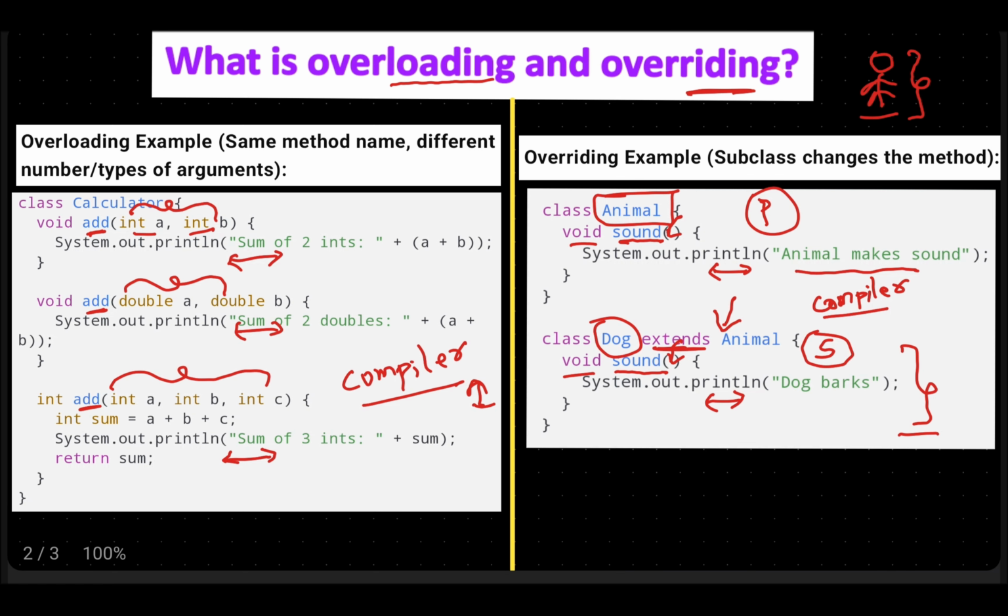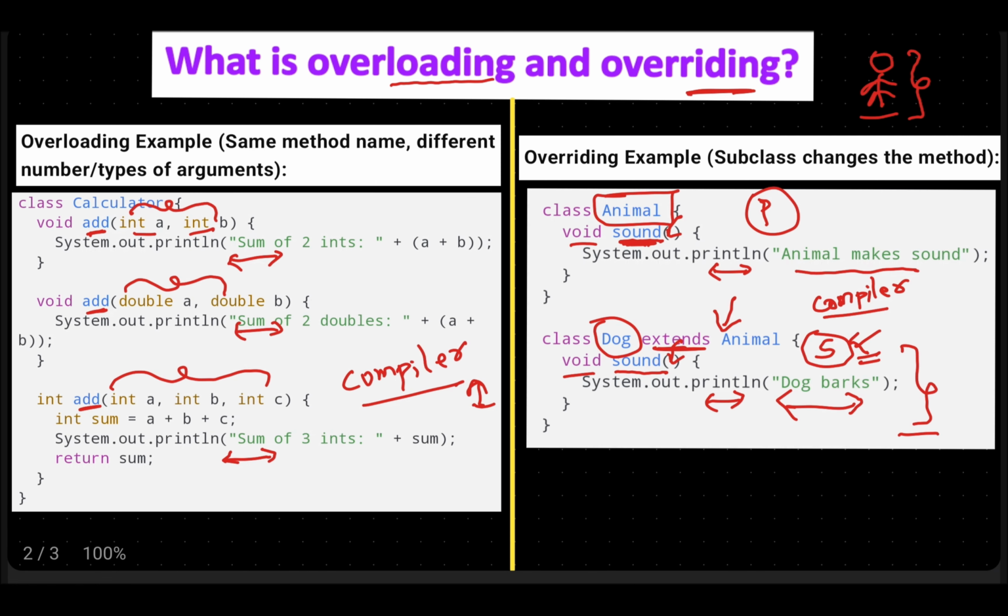But still, the sound of a dog is barking, or bow bow. So in that manner, I am specifically overriding or changing the previously defined sound method, making it specifically that the dog barks. So remember, it only happens in subclasses, that means child classes.